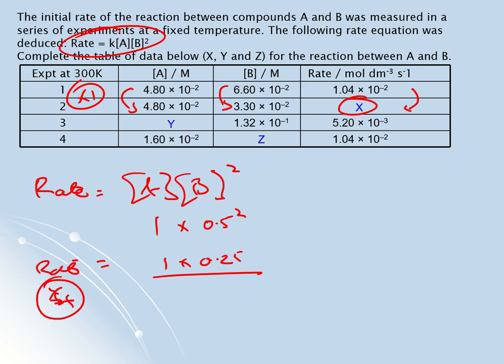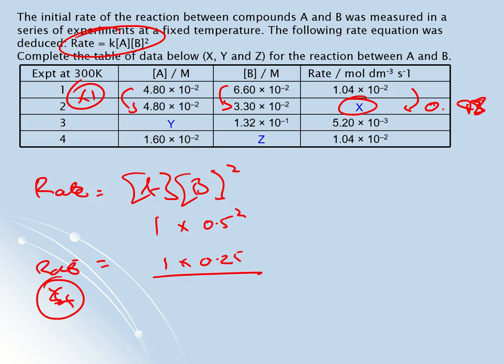So I'm going to take 1.04 times 10 to the minus 2, divided by 4, gives me 0.98. That does not look right.